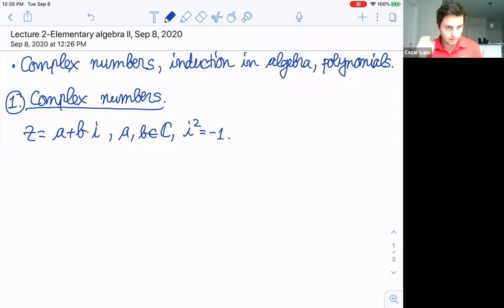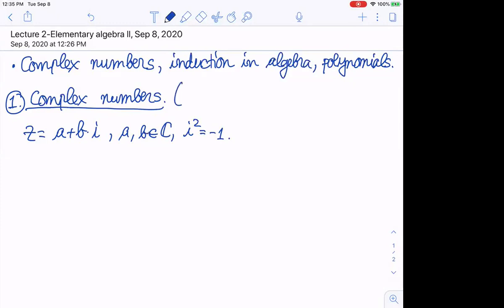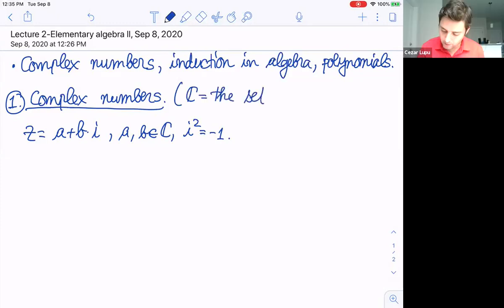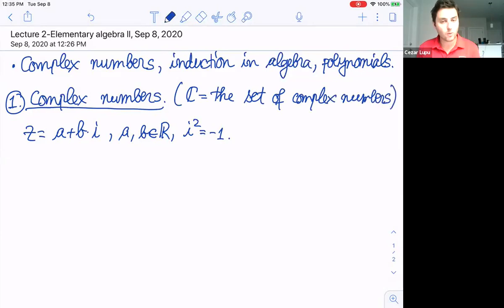This is C. This is a set of A and B be real numbers? Oh my goodness, yes, A, B are real numbers, sorry. Yeah. This is the set of complex numbers. Yeah, A, B are real numbers, such that, and this guy I square will give you -1, right? This is what we call the purely imaginary.